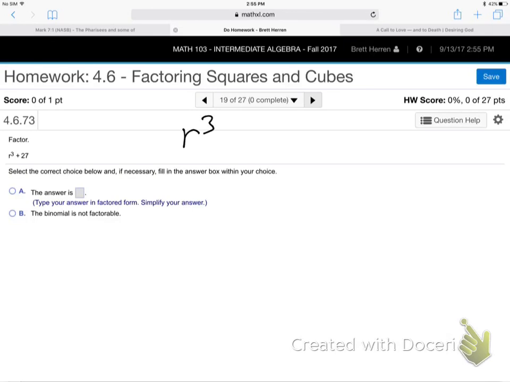So r cubed plus 27. Give it a go. So little parenthesis and a big.